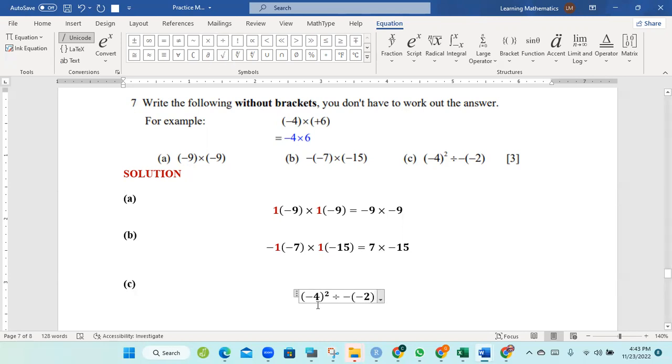Now for this, -4 squared. Remember, you said do not work it out. -4 squared is -4 times -4. And then divided by now, we have a -1. There's an invisible -1 there. Let's copy it here. There's an invisible -1 in front of the bracket.